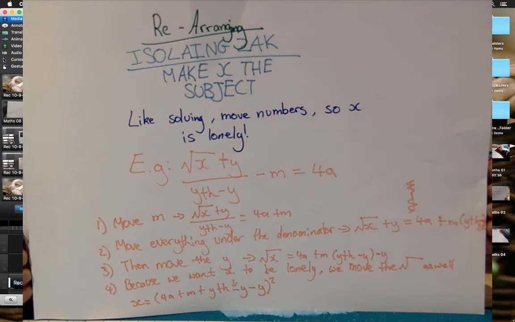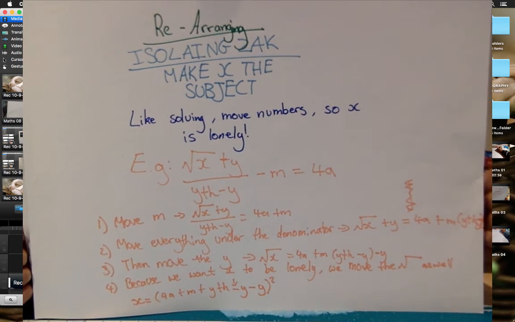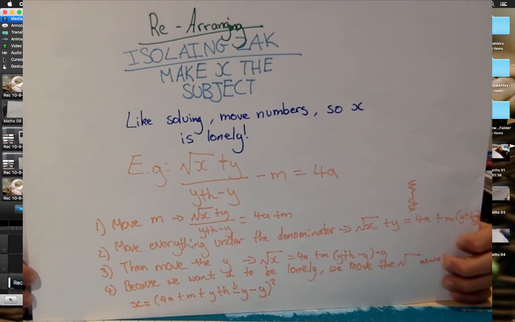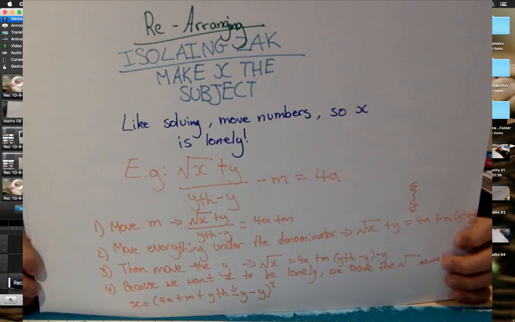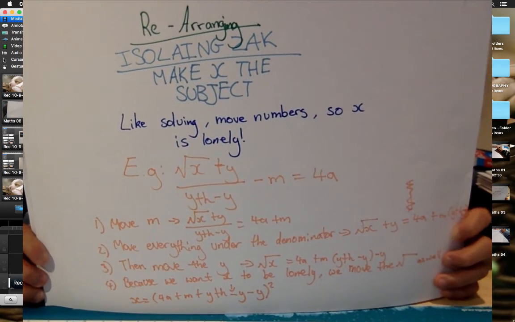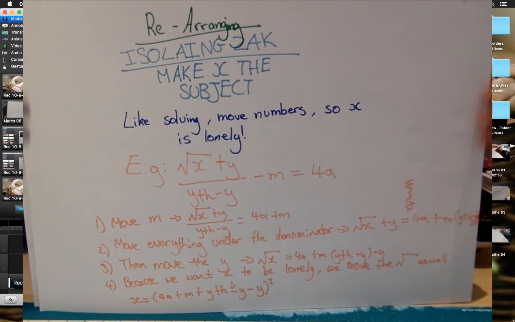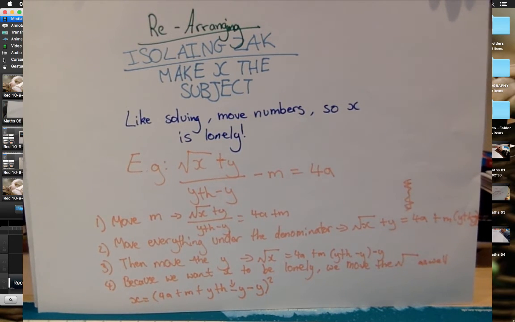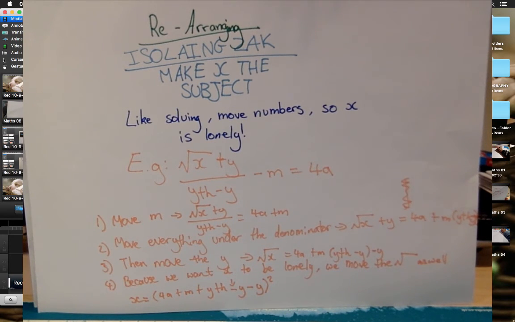So first of all, you move the m to the other side, so minus equals plus, so it would become square root of x plus y, over y plus h minus y, which equals 4a plus m. Then you move everything under the denominator, so it will become square root of x plus y equals 4a plus m, in brackets y plus h minus y.